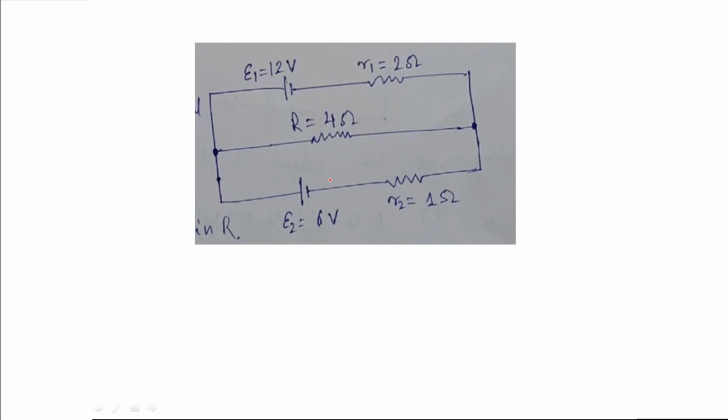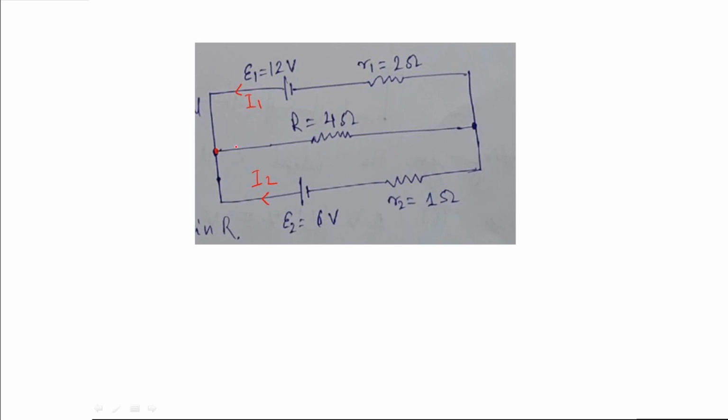So in this case, you cannot straightforwardly use Ohm's law. Since there are two cells and there are internal resistances also, what you can do is you just apply Kirchhoff's current law and voltage law, and then see whether you can find out the answers for this.